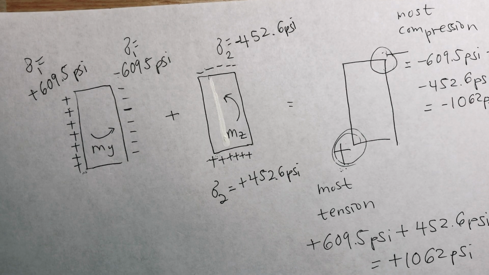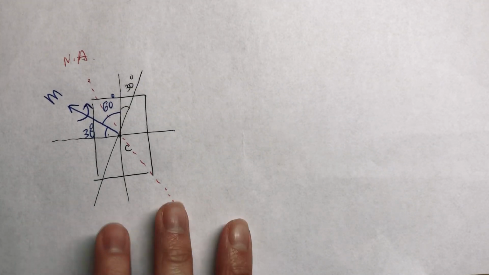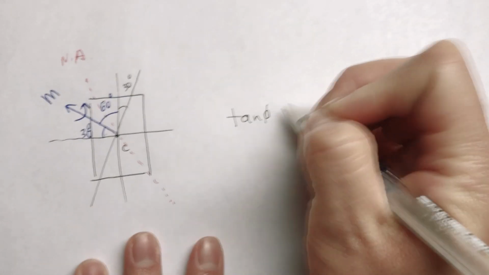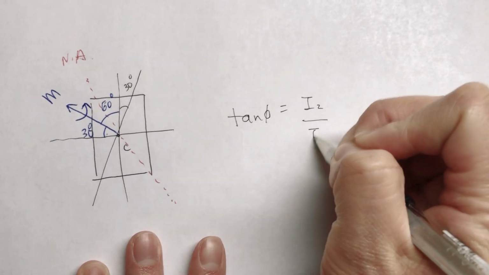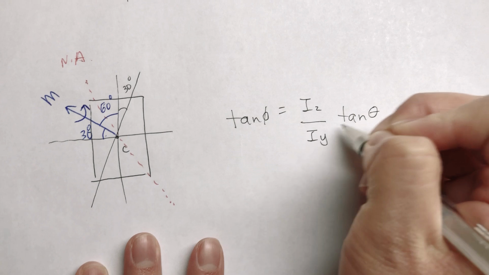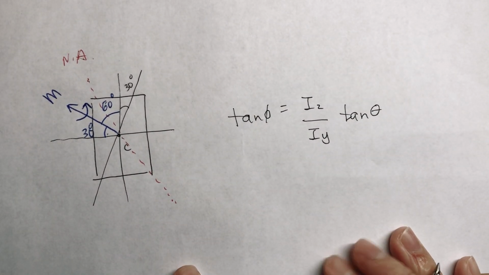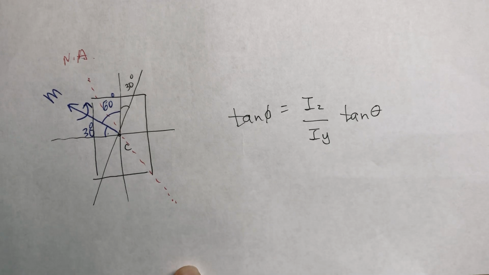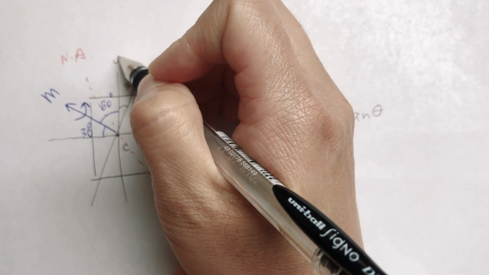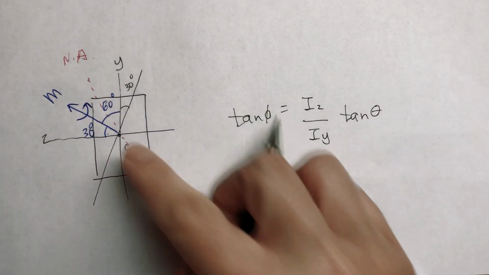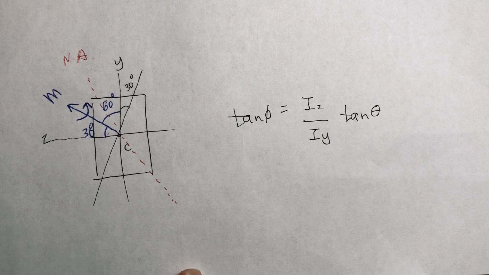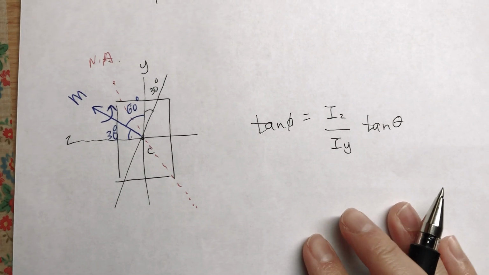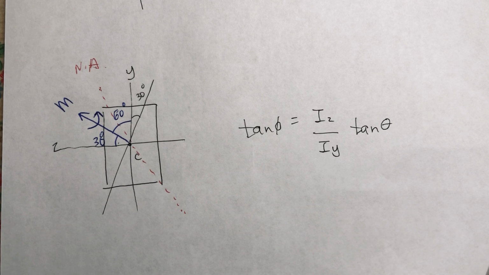Slide 18. Determine the angle of the neutral axis. So you just plug into the equation. Tan phi equals Iz over Iy tan theta. This is when y is vertical and z is this horizontal axis. So we just plug in the numbers.